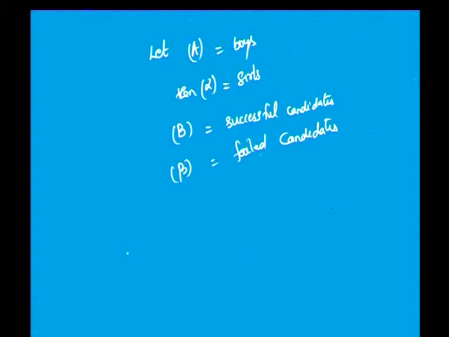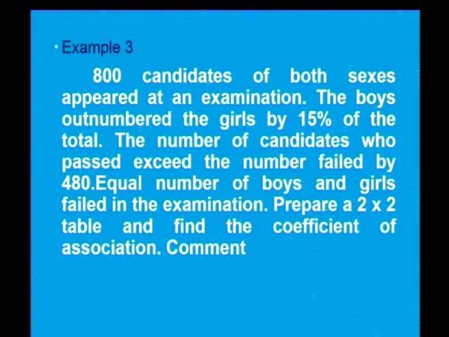Okay. So what is the information given in the question? We are given 800 candidates of both sexes appeared for the examination. Therefore, N is equal to A plus alpha, which is given to be equal to 800. And the next information given in the question is boys outnumbered the girls.